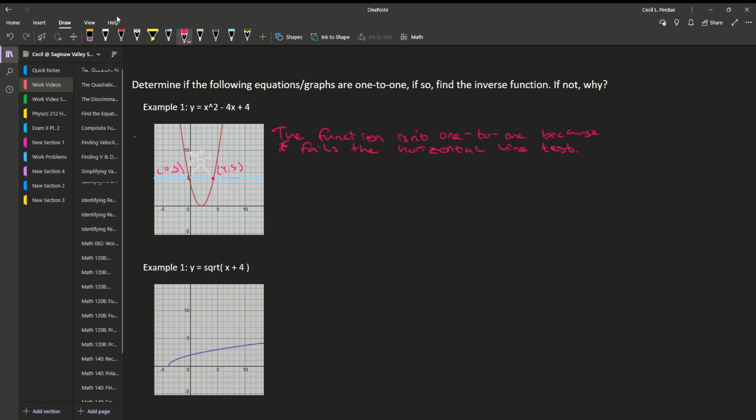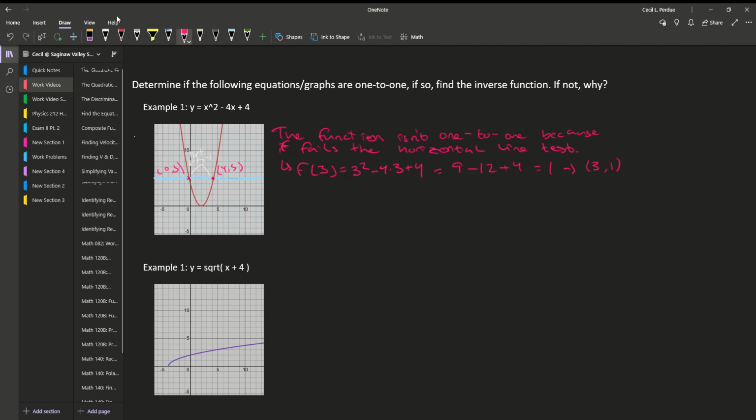If we didn't have the graph, we could also just plug in points such as f of 3 is equal to 3 squared minus 4 times 3 plus 4, which would give us 9 minus 12 plus 4, or that would give us 1. So we'd have the point (3, 1).